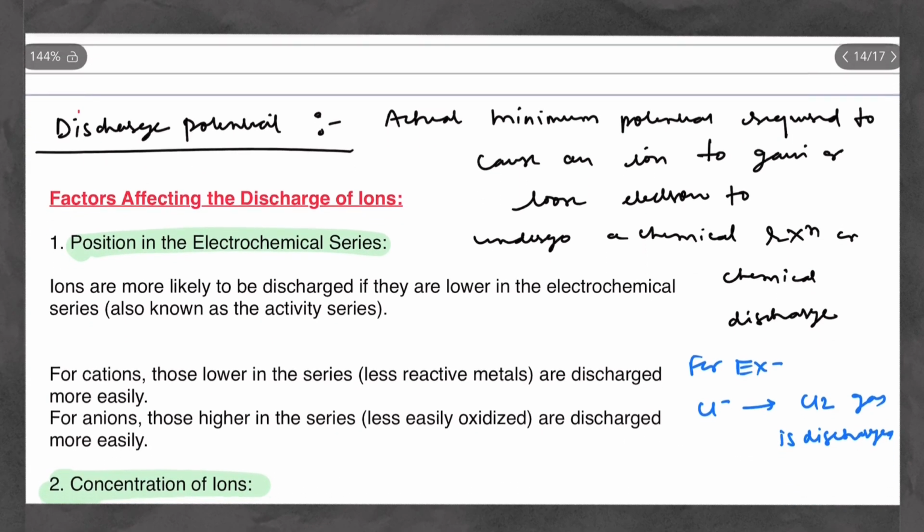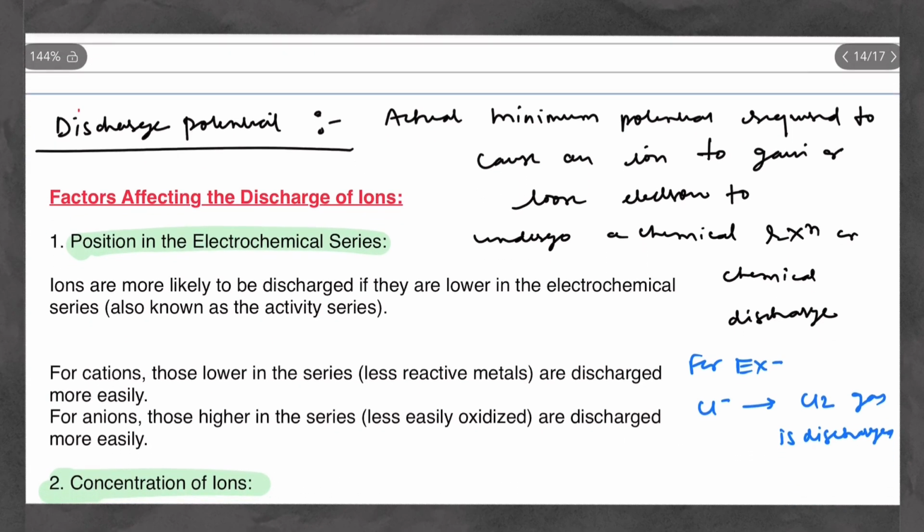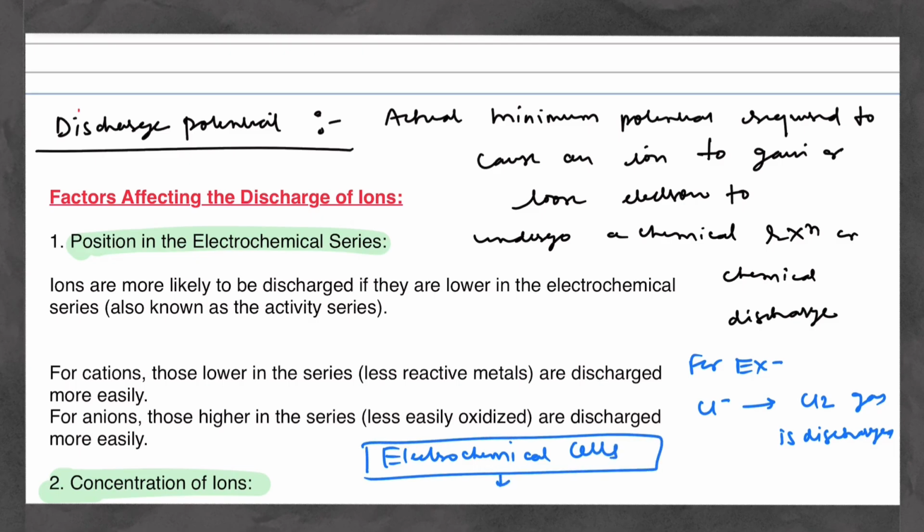We have already discussed that in an electrochemical cell we have the concept of LOAN: O is oxidation, A is anode, and N is negative.